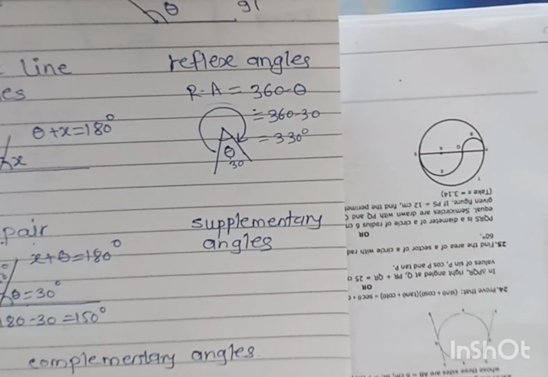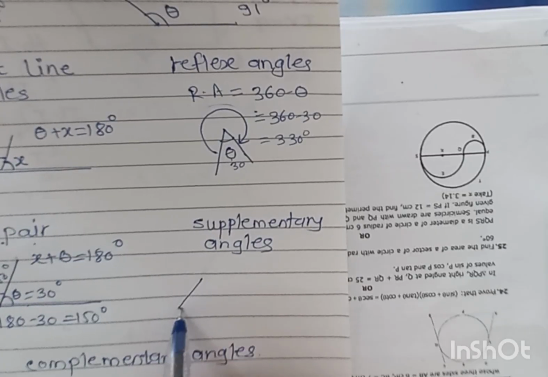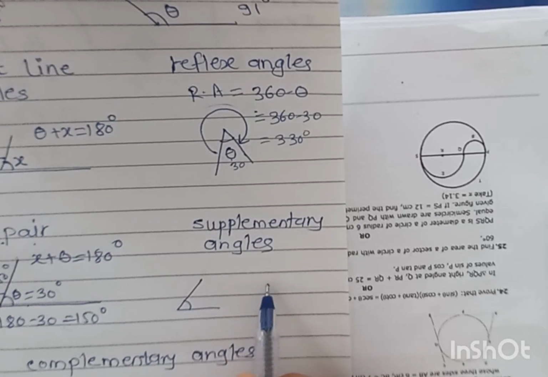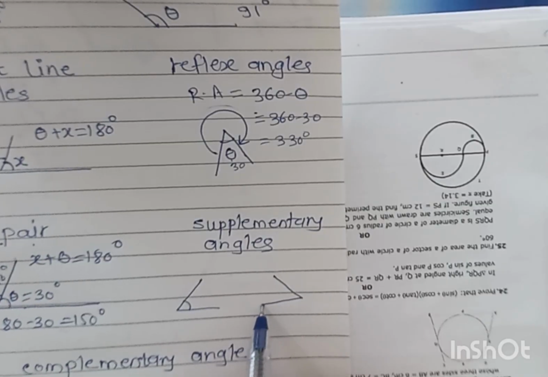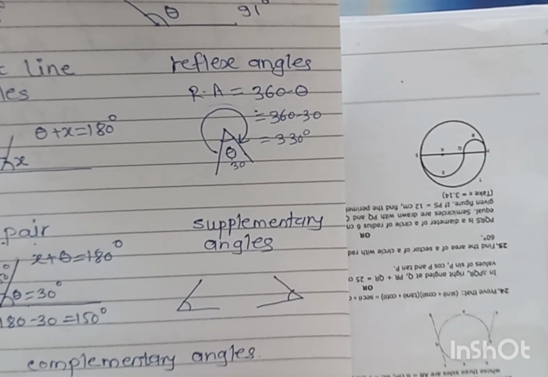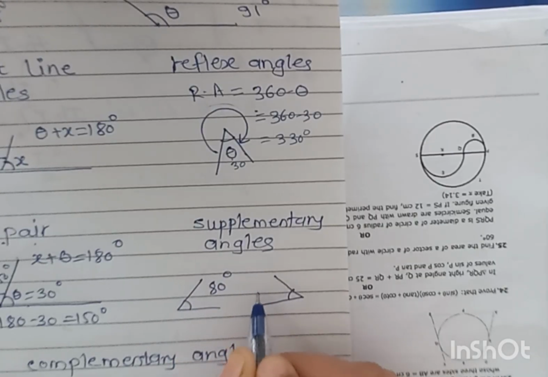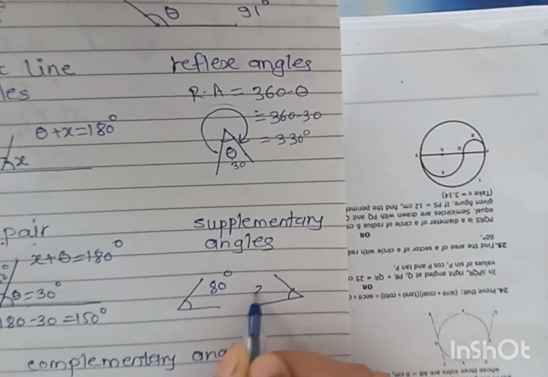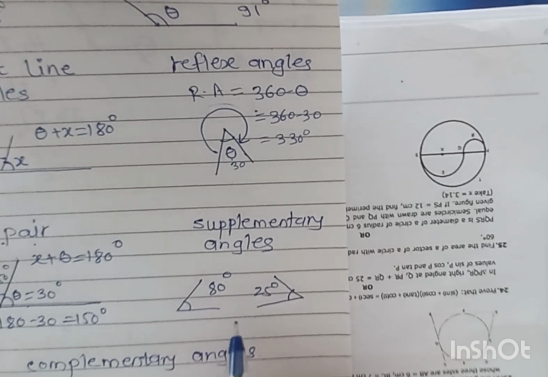Then after that we have supplementary angles. Supplementary angles means their angle sum should be 180 degrees. They all come under supplementary angles. Suppose this angle is 80 degrees and this angle is 25 degrees. If we add both the angles and it is not 180, then they are not supplementary, but their sum should be 180.